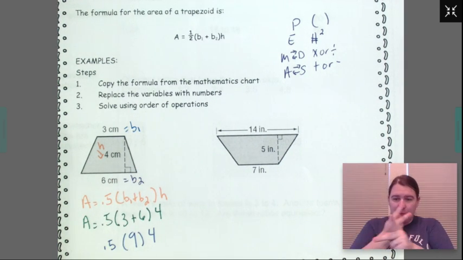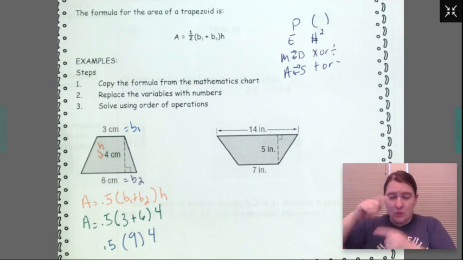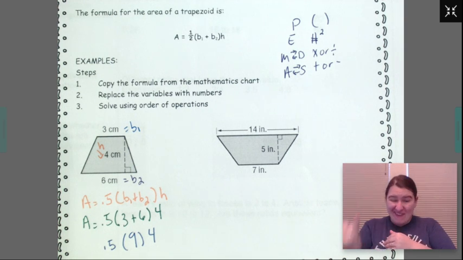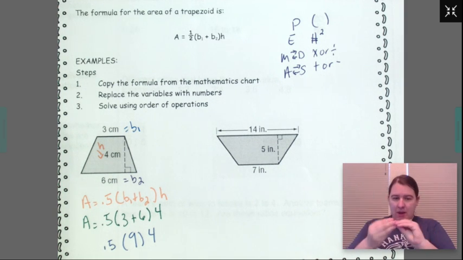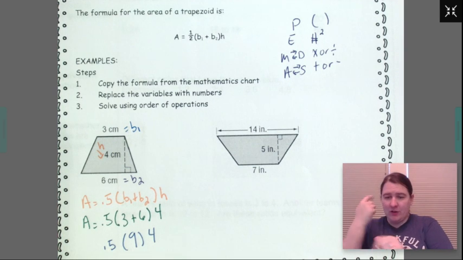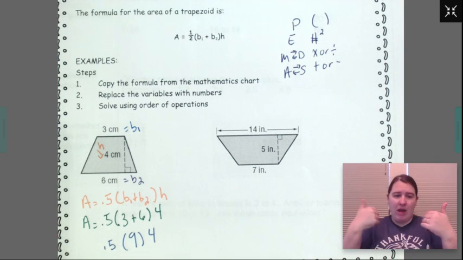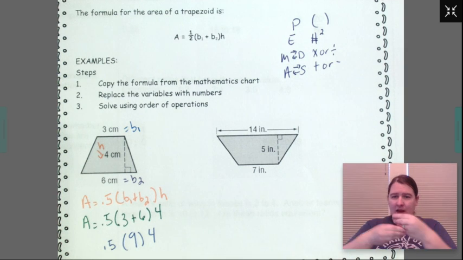Okay, I'm not writing my multiplication sign in the middle because we know if my numbers are pushed together like that, it means multiply. So it's not one number with different place values. It means that it's 3 different numbers and it needs to be multiplied for each. So now we don't have any exponents. We're not dividing, not adding, not subtracting. So we will be multiplying.